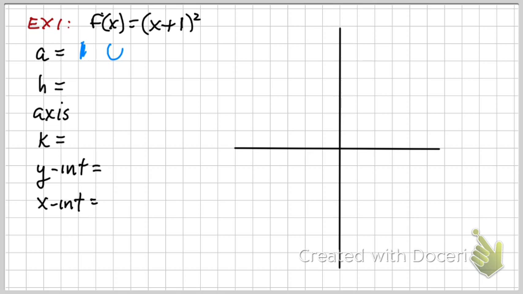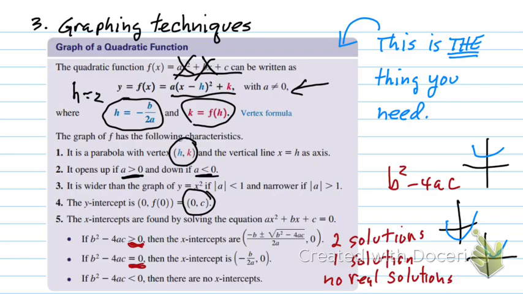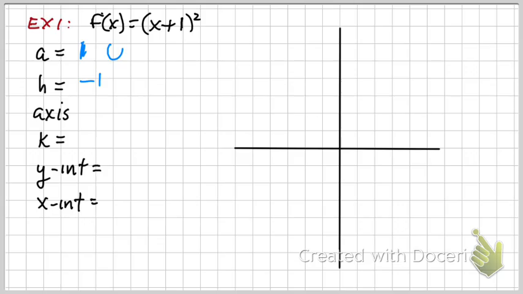What's h? Good, -1. Because if you go back to here, if you look at the line that says vertex formula, and then you look right above it, it's x minus h, right? So it's got to be -1 there.